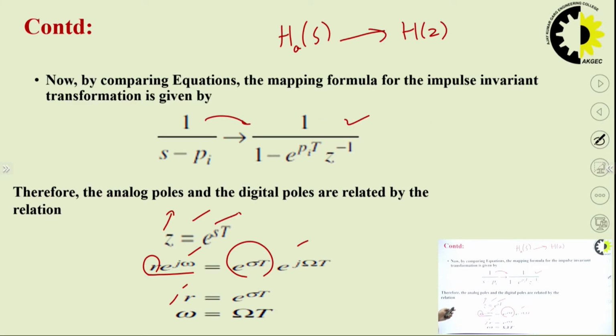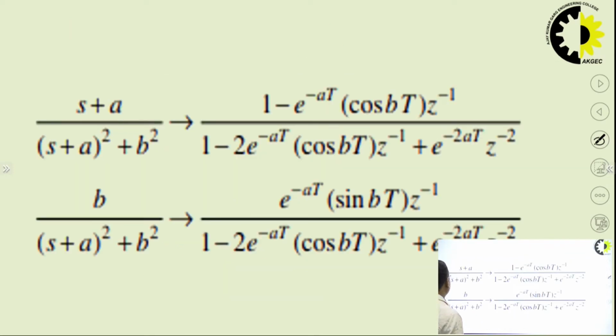So, one formula I am telling you here, and also I told you how you prove this formula, by using 3 basic steps. Similarly, 2 other formulas are also there in this method. Second is S plus A upon S plus A whole square plus B square. It will be equivalently mapped to this formula.